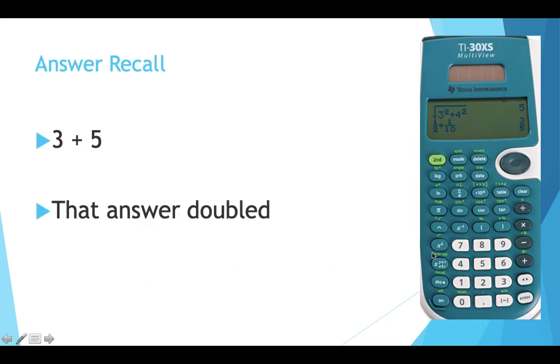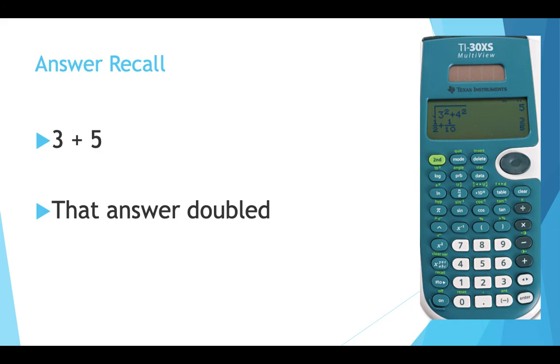Next is answer recall. So let's say we just have 3 plus 5, then I get 8. And then I want to take that 8, and I realize later on in the problem I want to double it. So I could re-enter the 3 plus 5 or just the 8, or if it's a bigger number, the easier way to do that is you hit second and that negative, and it'll take the previous answer from whatever problem you had and call it back, and then you can use that answer.